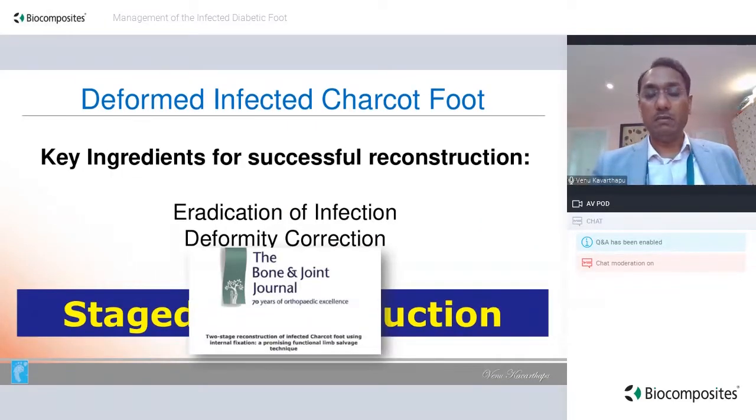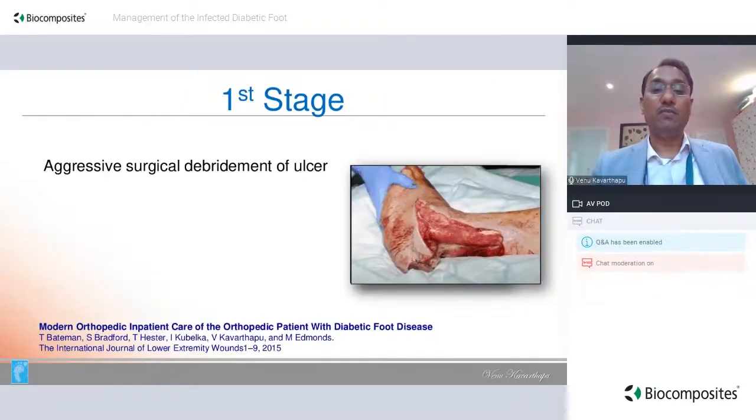We have shared our experience, and our series has been accepted for publication in this particular journal. So basically what you need to achieve is eradication of infection first, followed by deformity correction.